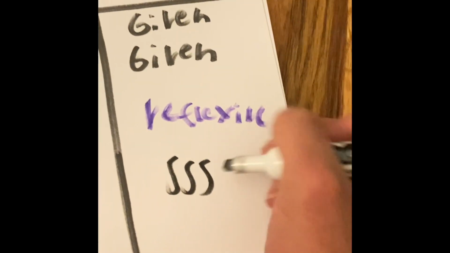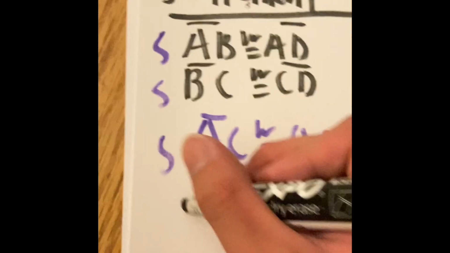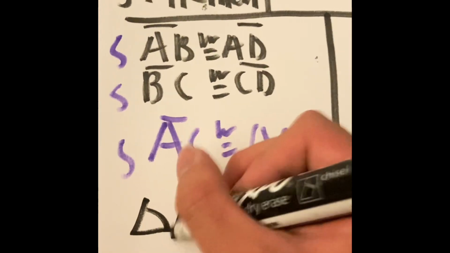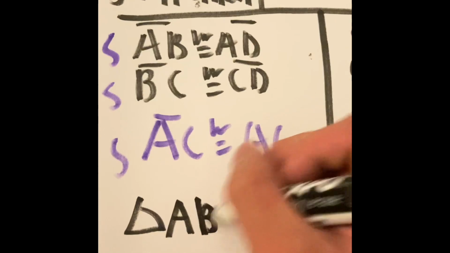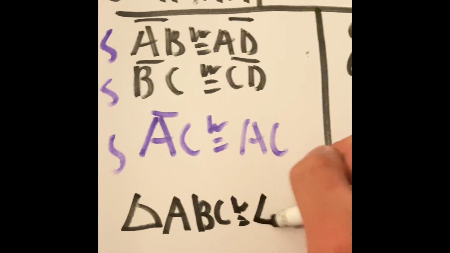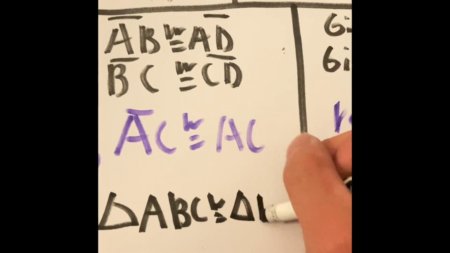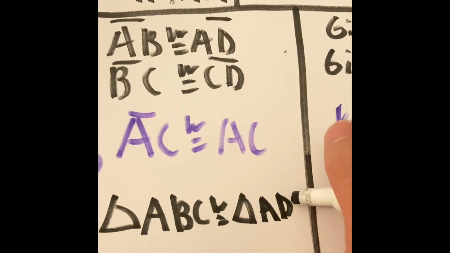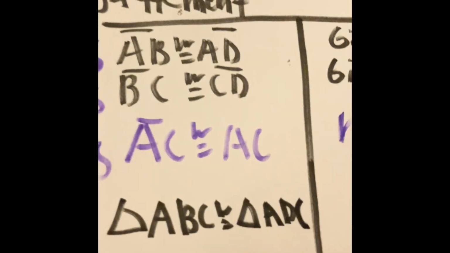We can now say SSS, and we can prove that triangle ABC is congruent to triangle ADC.